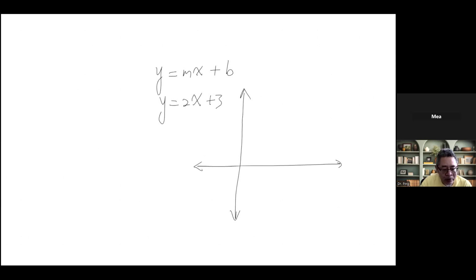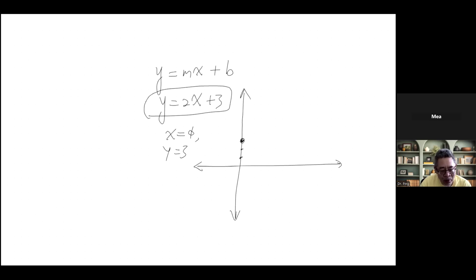One way to do that is to find the y-intercept point. So when x equals 0, y is 3. So that's our y-intercept, here.